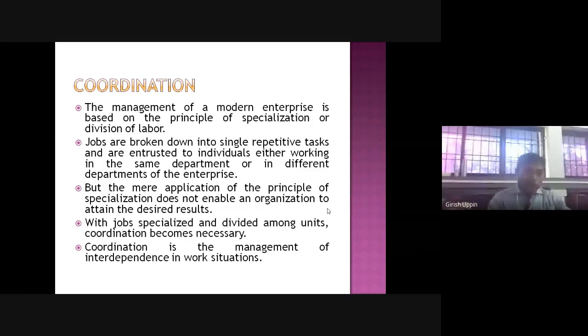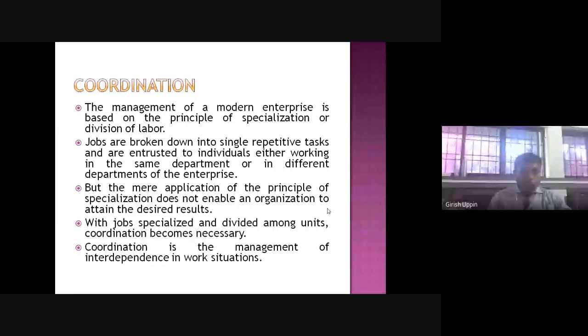But the mere application of the principle of specialization does not enable an organization to attain the desired result. By making a specialization or division of labor, there are a lot of advantages, but just by creating these separate entities, it will not give the required results.